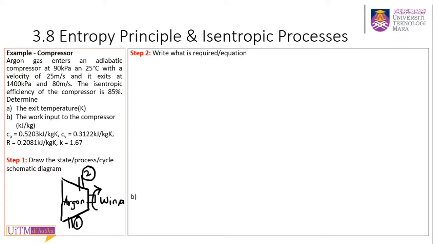Now, before we proceed with step 1, it must be highlighted that since the question involves isentropic efficiency, 85%, all items asked by the question are actual: the exit temperature here is the actual exit temperature, T2a, and the work input here is the actual work input, Win,a.